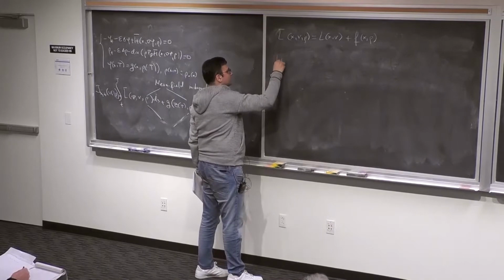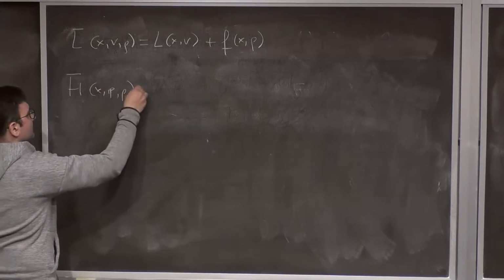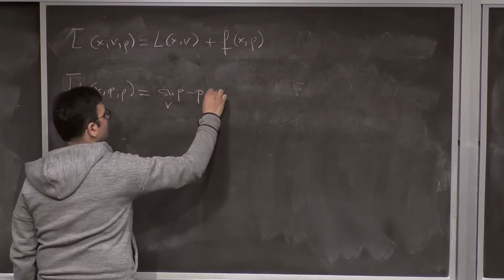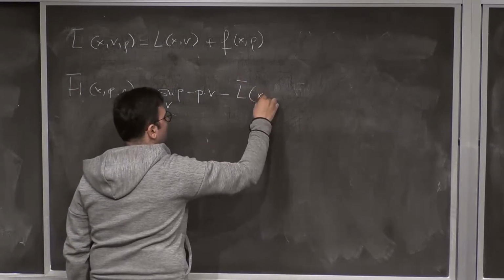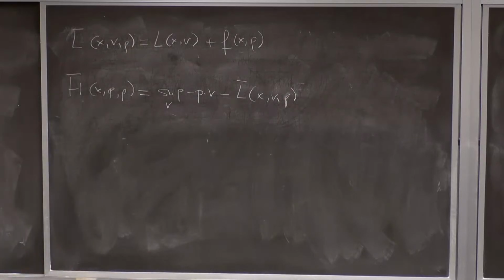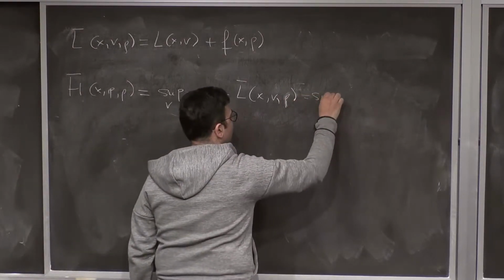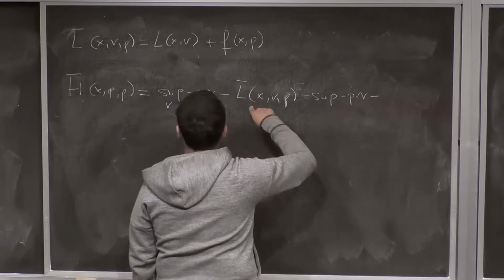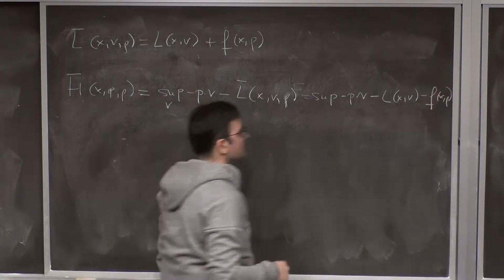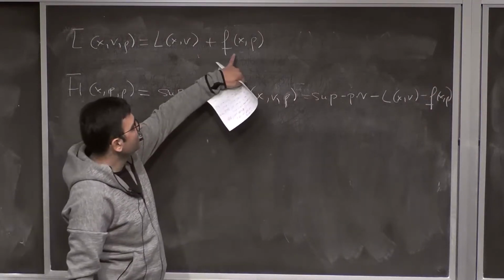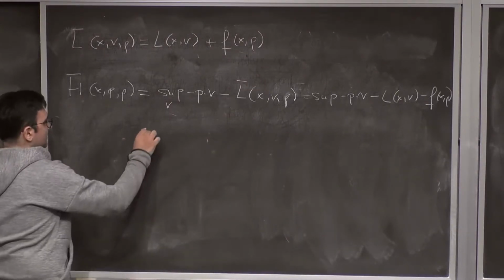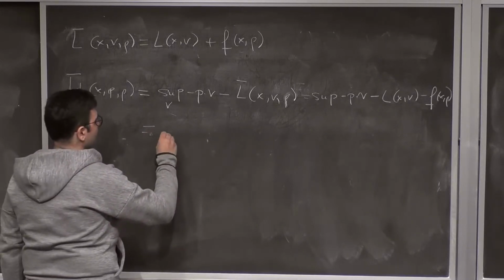H bar of x, p, rho is the supremum of minus the Lagrangian part. Because the f part doesn't depend on v, we can take it outside of the supremum.